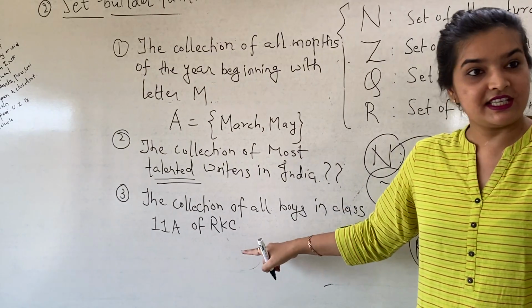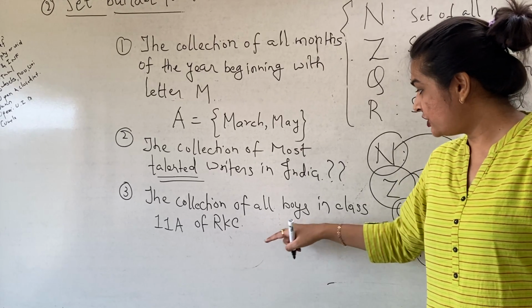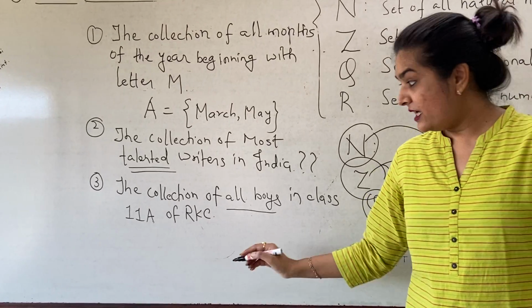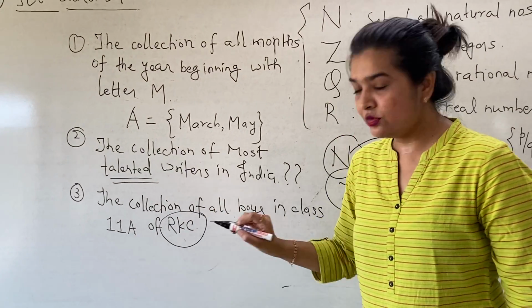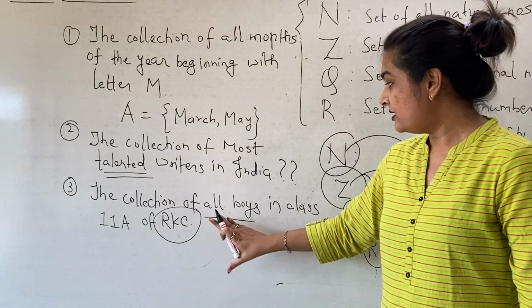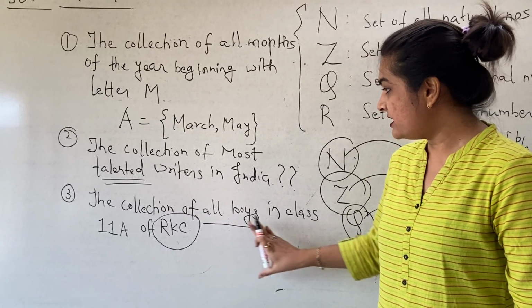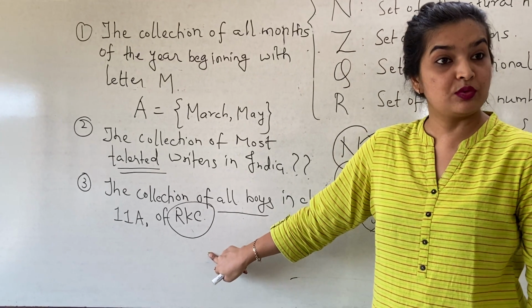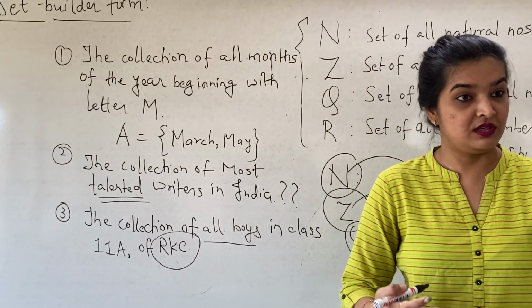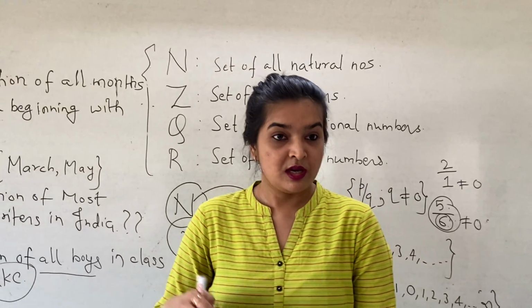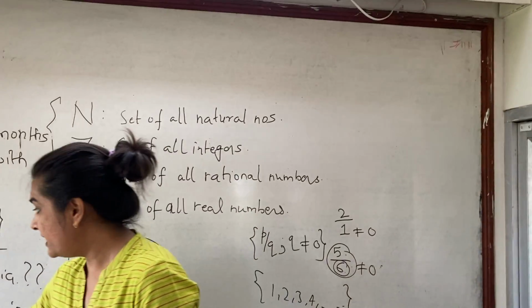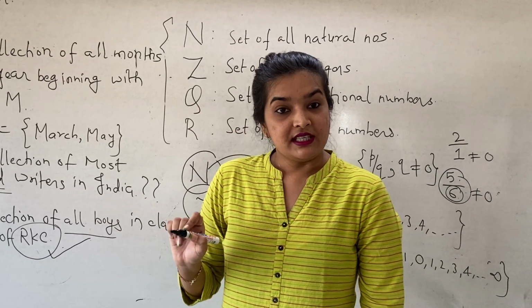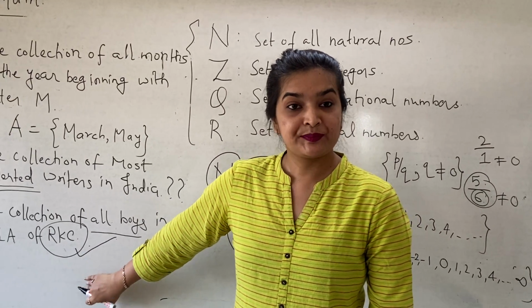Yes, because it is well defined: the collection of all boys in a particular class 11A, and I have given the name of the school also. If it were only all the boys in class 11A, full stop over here, then is this a set? No. 11A of which school? Of SNK, of Dholakia, of Gandhi. So 11A of RKC. So yes, this is well defined, and that's why this is an example of a set.